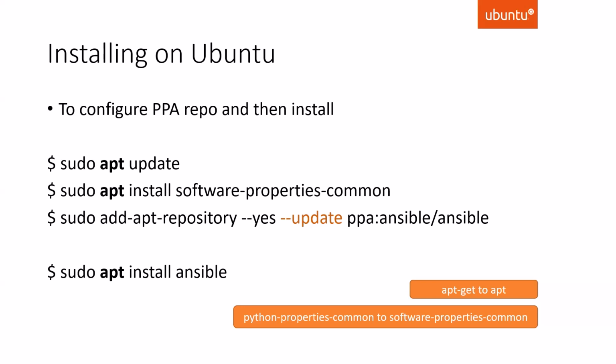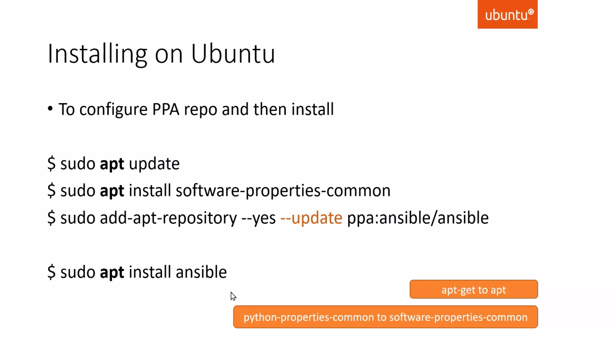The latest version of Ansible is also available with the updating of this line. So apt-add-repository --yes --update ppa:ansible/ansible will do that, and it's ready to go for installation of the latest version of Ansible. So let us do this on an online platform.